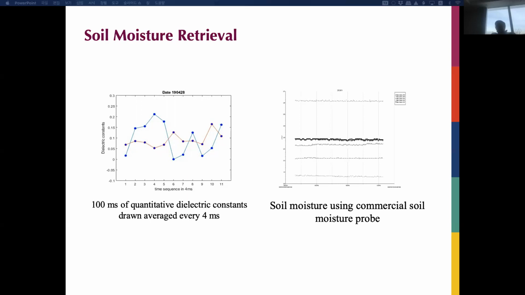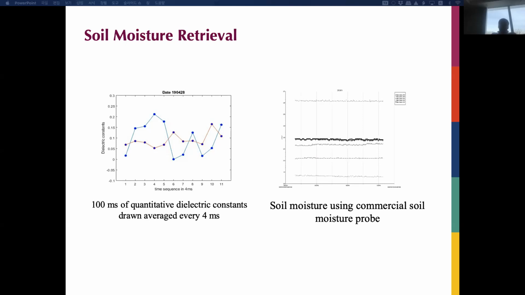In the left-hand figure, this is the relative quantitative dielectric constant using the method that our group developed.